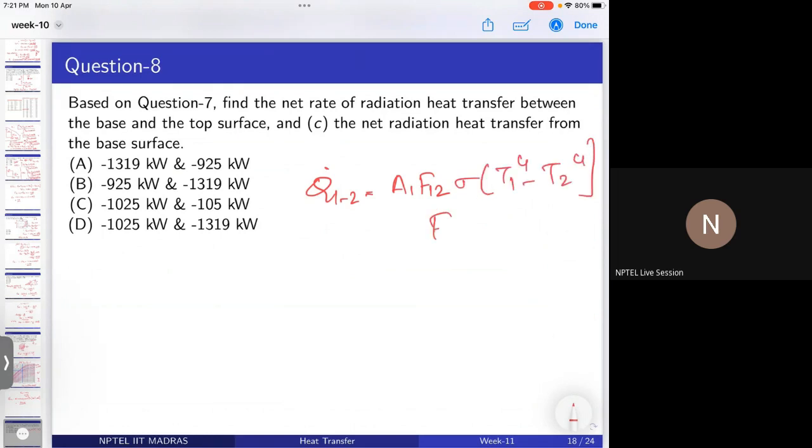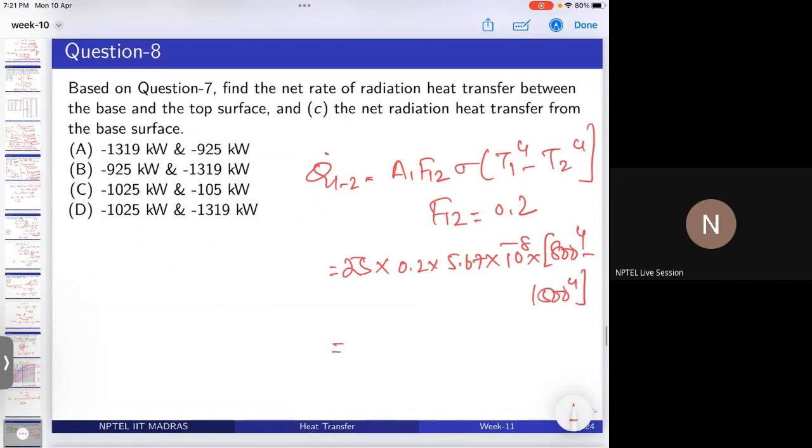F12 we already found as 0.2. So A1 is 5 into 5, 0.2, into 5.67 into 10 raised to minus 8, into T1, which is 800 raised to 4 minus T2 raised to 4. This will come out to be minus 1319 kilowatt.